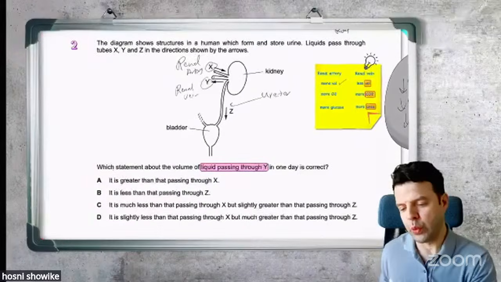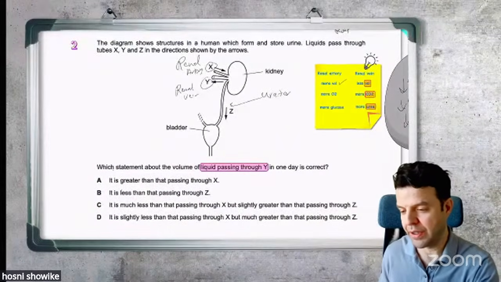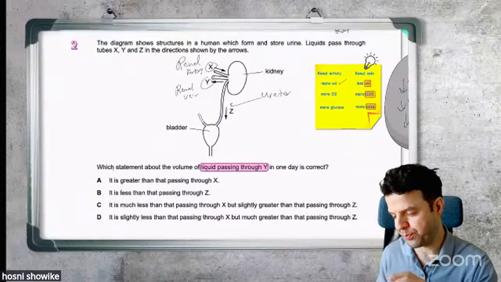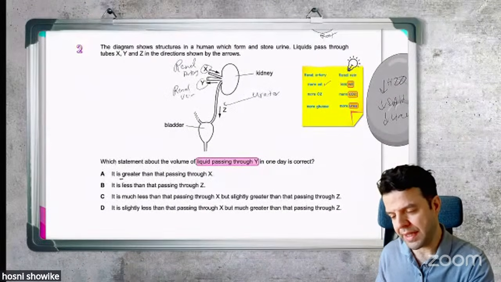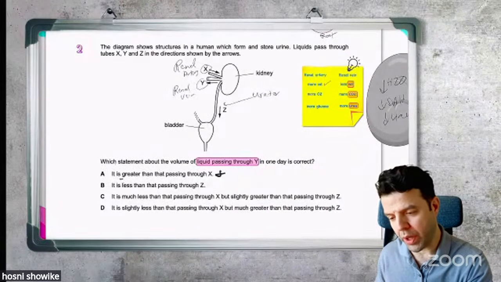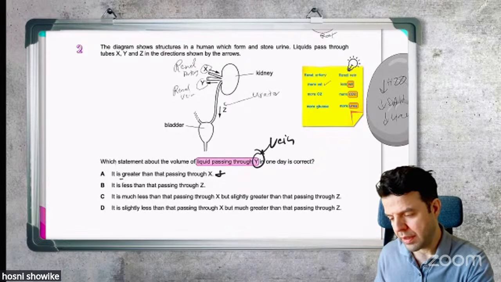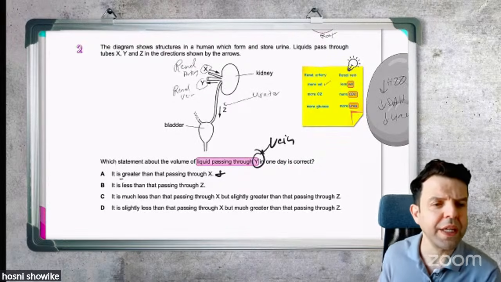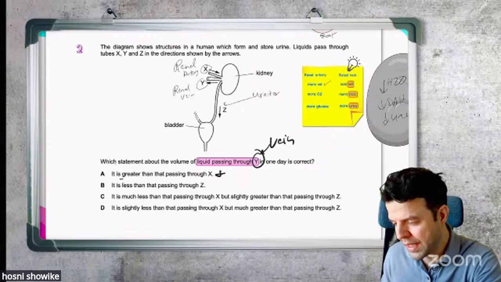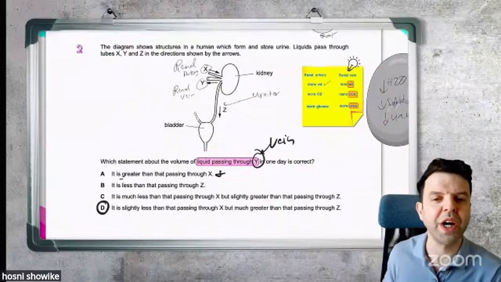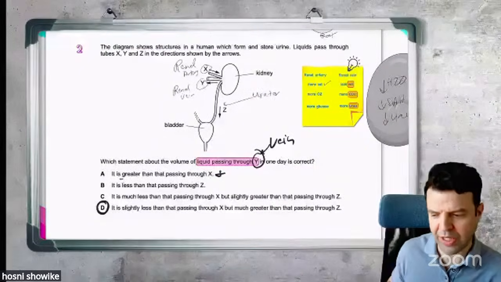So which one is the correct option then? This one says greater than in X. That's wrong, right? I'm comparing Y here, the vein. Think about it, it should be this one, right? Do you get it?